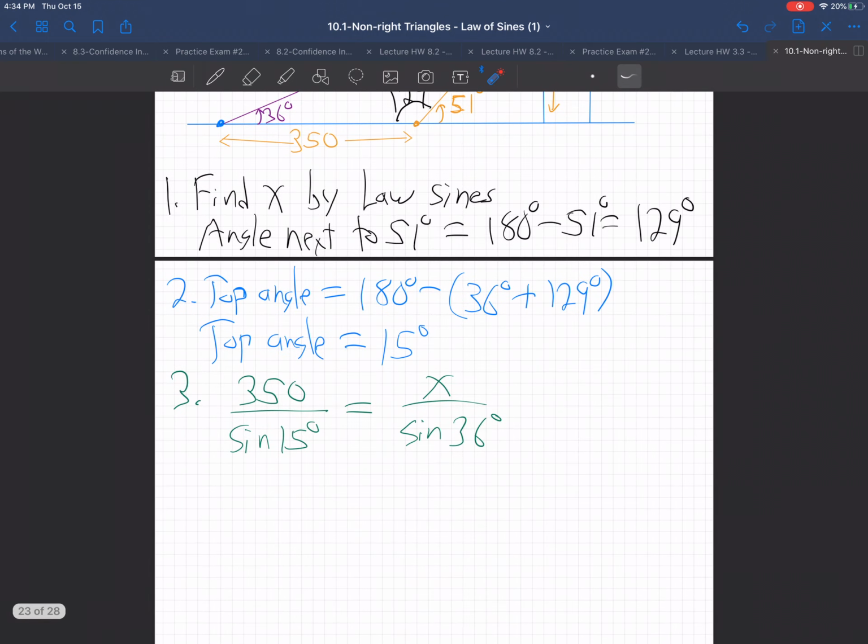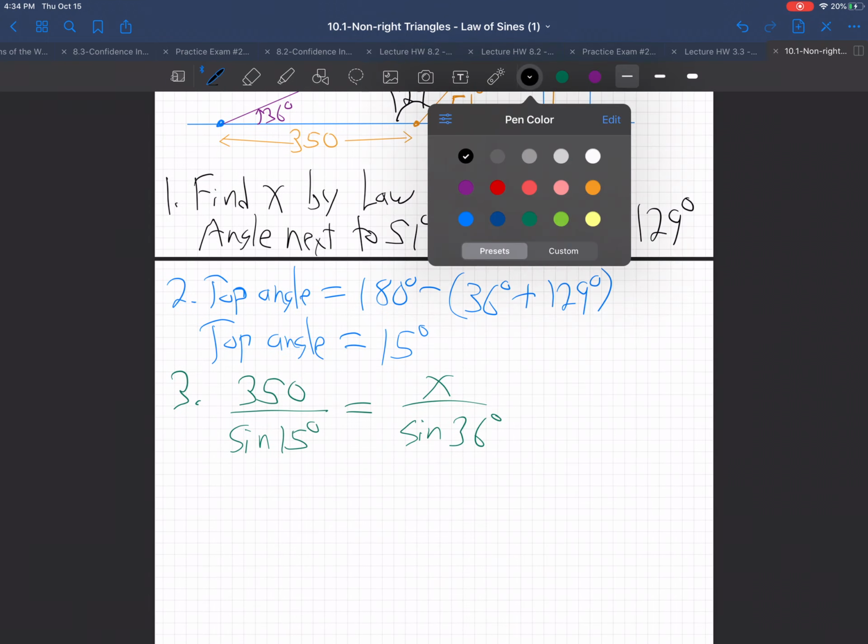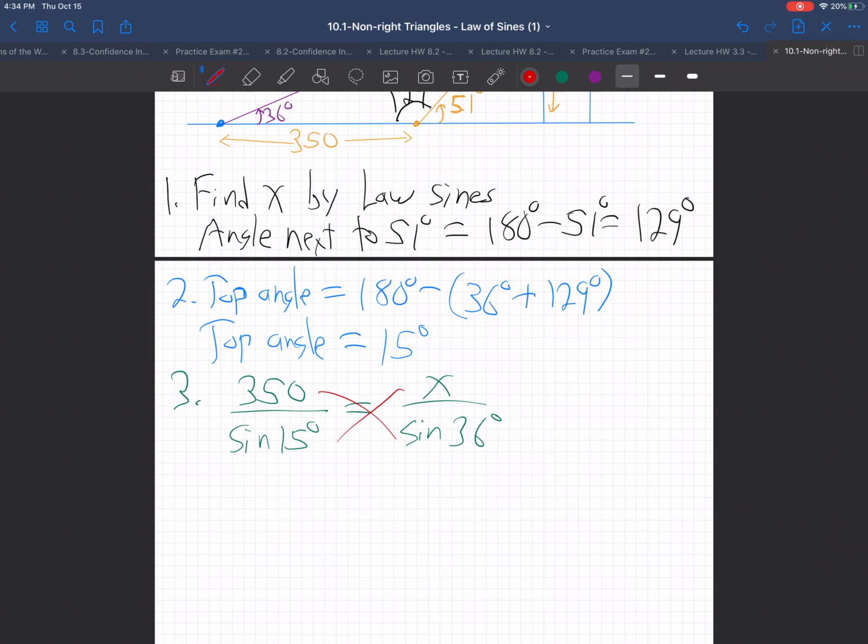So now I can solve that little equation for x. Diagonal, diagonal. So 350 sine of 36 degrees is x sine 15. So now divide by the sine of 15 degrees.